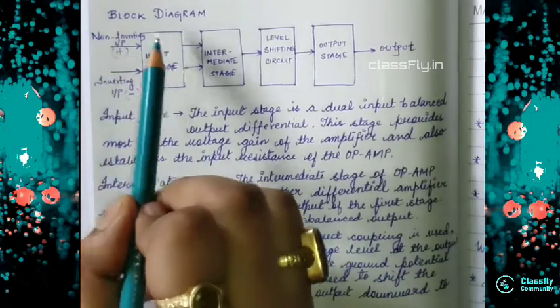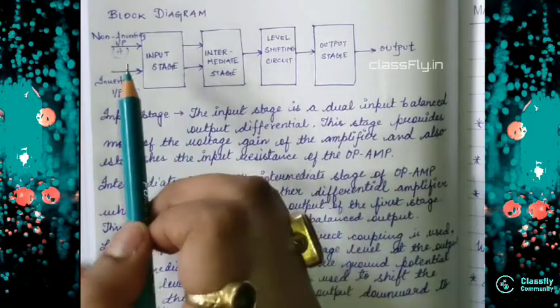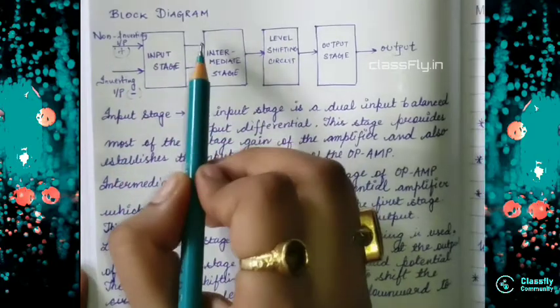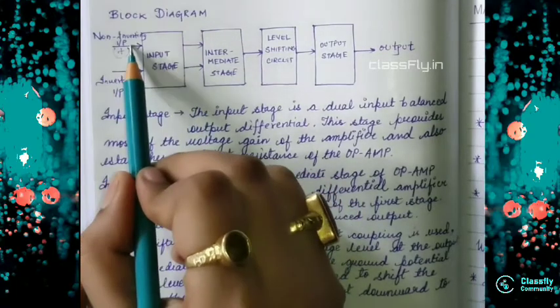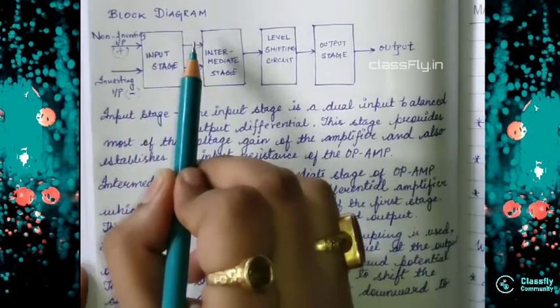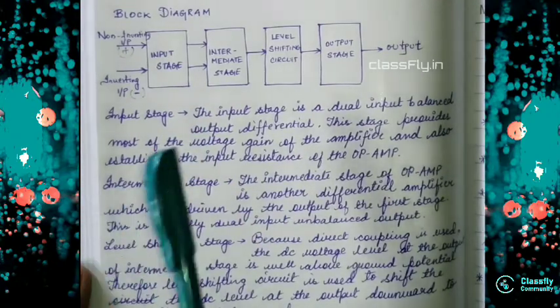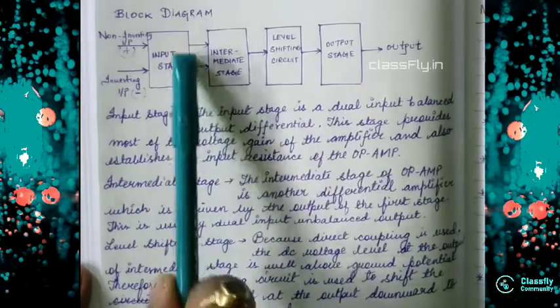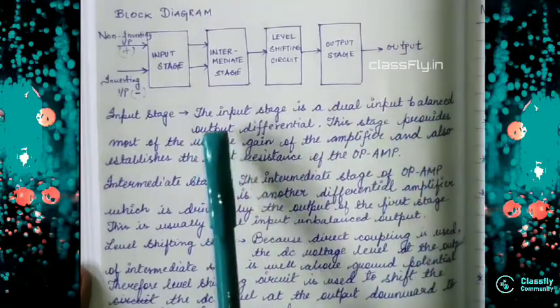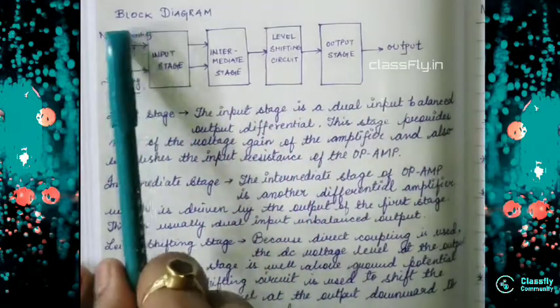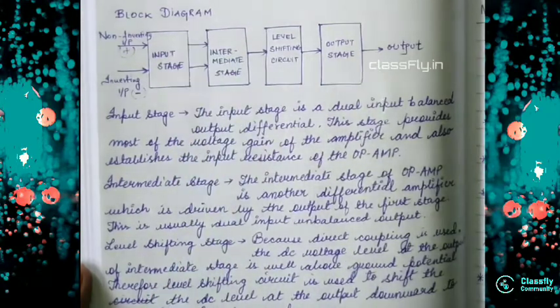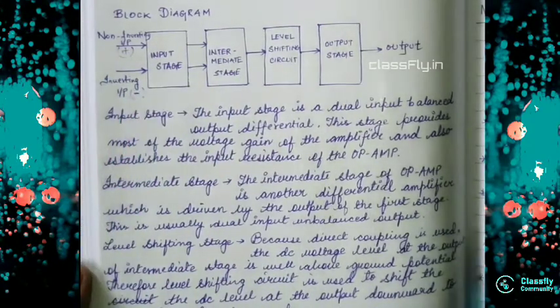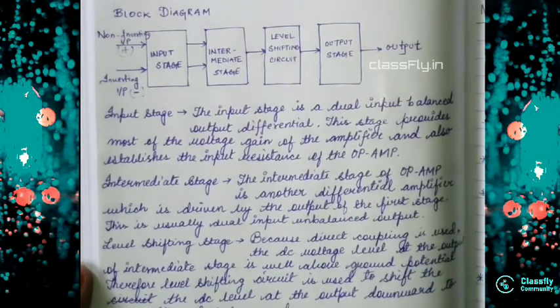In this stage the voltage will increase, and as it has two inputs, it will also give us two outputs. This stage is dual input balanced output, meaning it has two inputs and gives two outputs, so it is balanced. Whatever comes in as input goes out as the same output, for the input of the next stage.